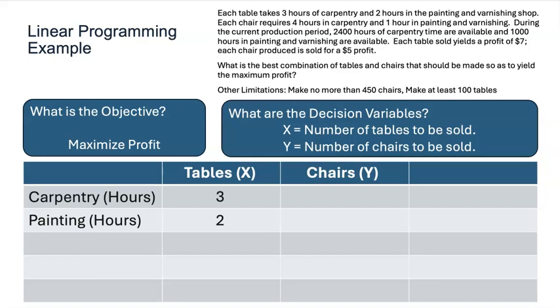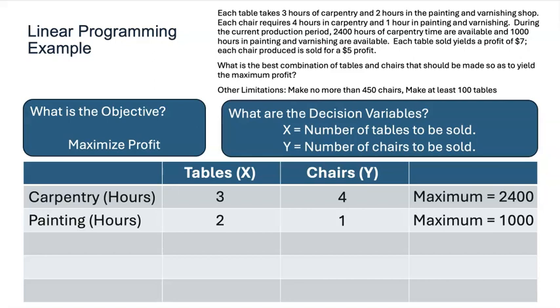It goes on. Each chair requires 4 hours in the carpentry shop and 1 hour in the painting and varnishing section. During the current production period, 2,400 hours of carpentry time are available. So we cannot exceed 2,400 hours of carpentry time. And 1,000 hours in painting and varnishing are available. So here we cannot exceed 1,000 hours.